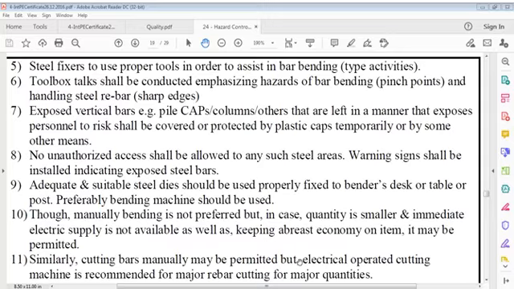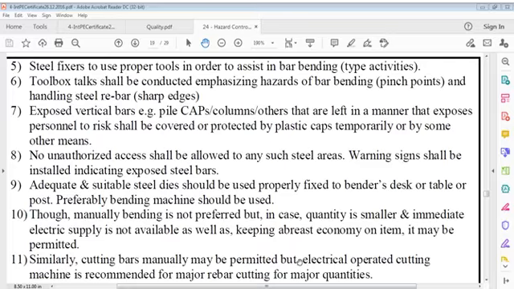Exposed vertical bars, namely in pile caps, columns and others that are left in a manner that exposes personnel to risk, shall be covered or protected by plastic caps temporarily or by some other means. Whatever the means, there should be protection.